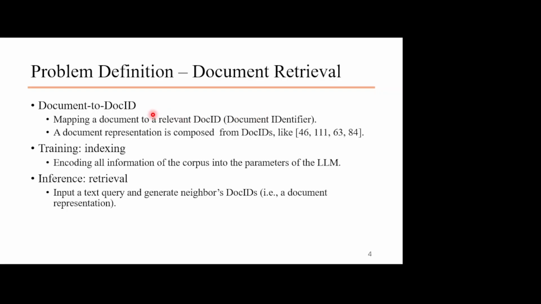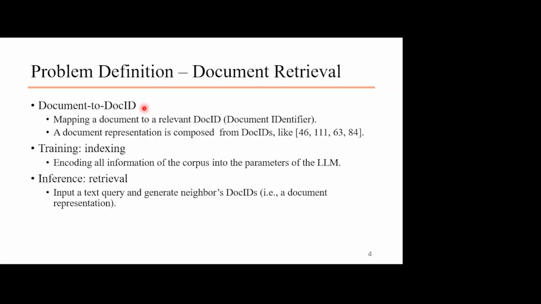In traditional information retrieval, we usually build an index of the document. So given a query, we search through this index and return the most relevant document. When using an LLM for retrieval, we can reformulate the problem as a sequence-to-sequence task.